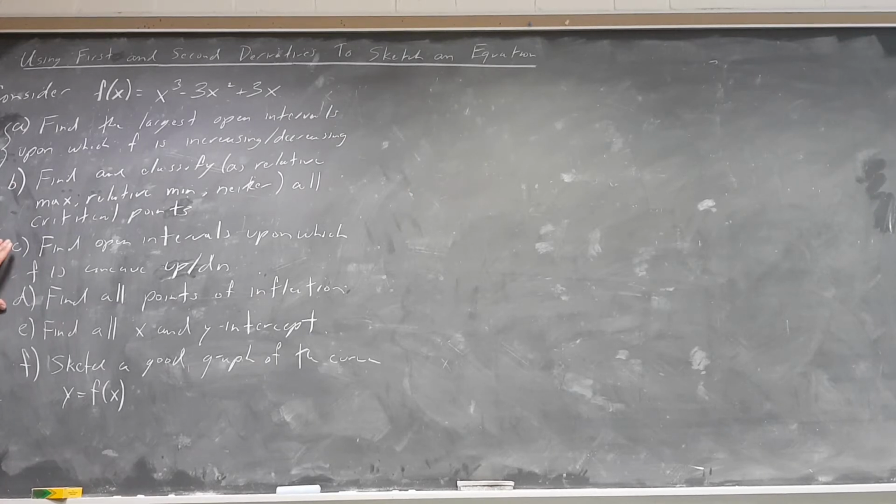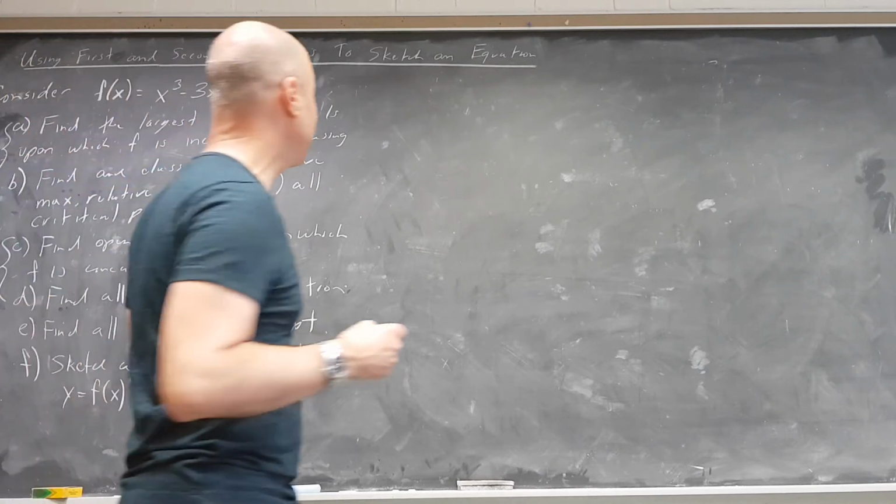Part C and D. Part C talks about intervals upon which the curve is concave up and concave down. And D talks about points of inflection. Both of those have to do with the second derivative. So we are going to need both the first and the second derivative to be able to answer this question.